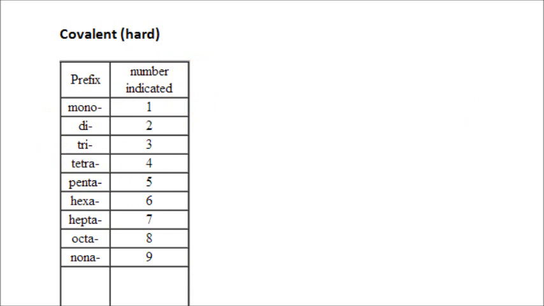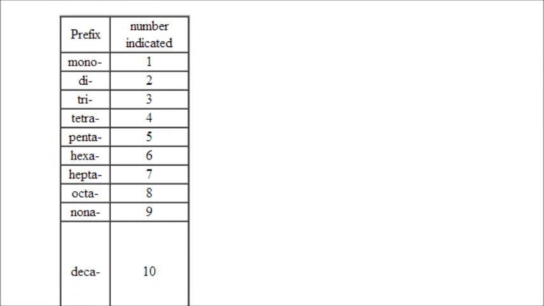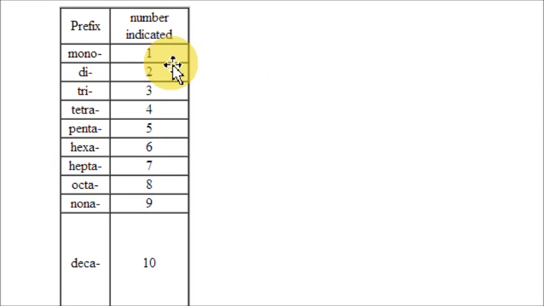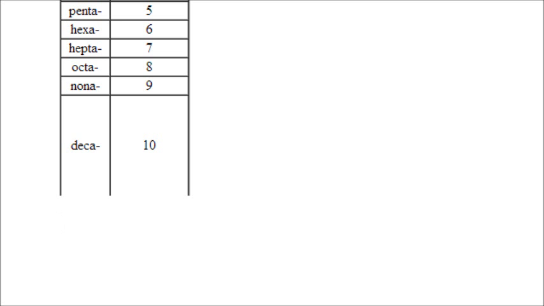Depending on the number of atoms in the compound, you have to add a prefix: mono 1, di, tri, tetra, penta, hexa, hepta, octa, nona, deca. You will more than likely never have to go past tri, maybe not even di, but I thought I'd put the whole table.